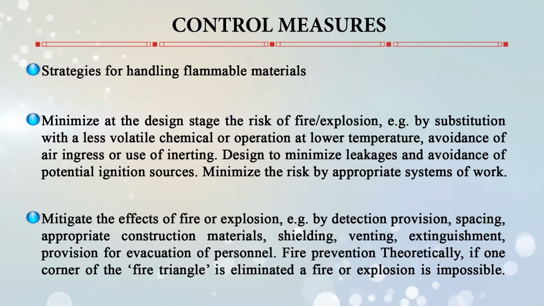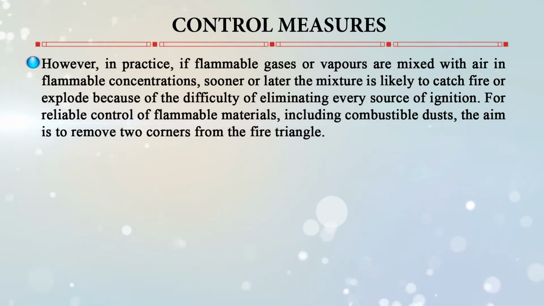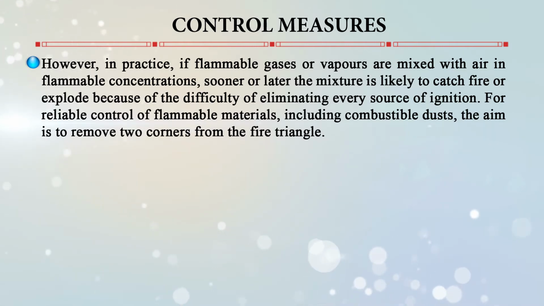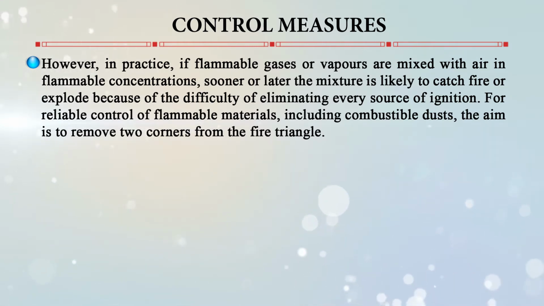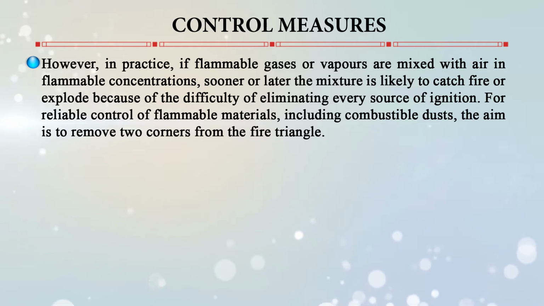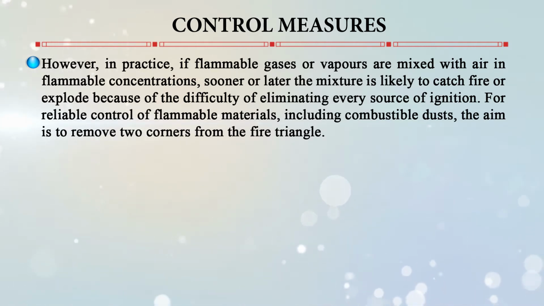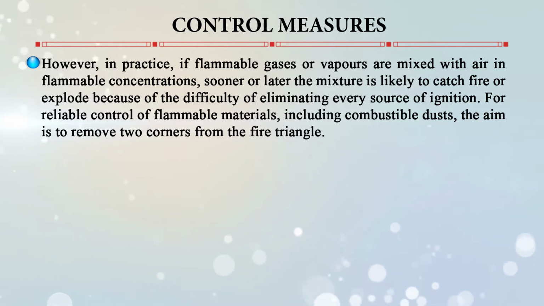Fire prevention, where this type of flammable material is present. Theoretically, if one corner of the fire triangle is eliminated, a fire or explosion is impossible. But in practice, if flammable gases or vapors are mixed with air in flammable concentrations, sooner or later the mixture is likely to catch fire or explode because of the difficulty of eliminating every source of ignition.